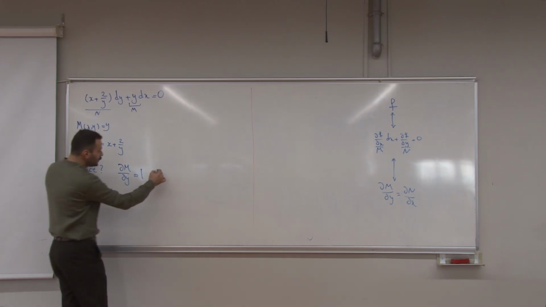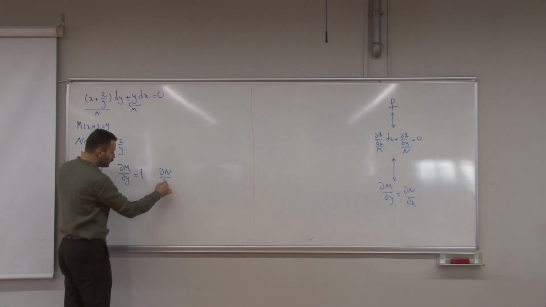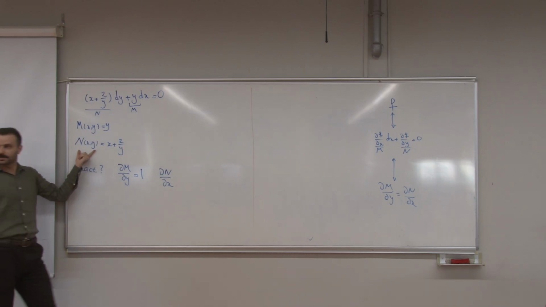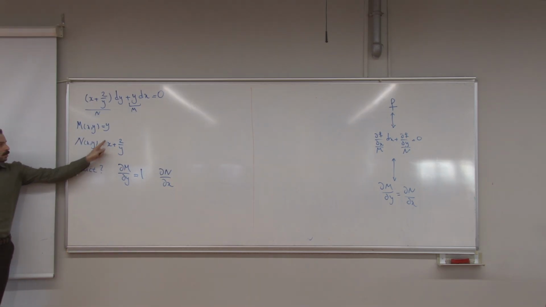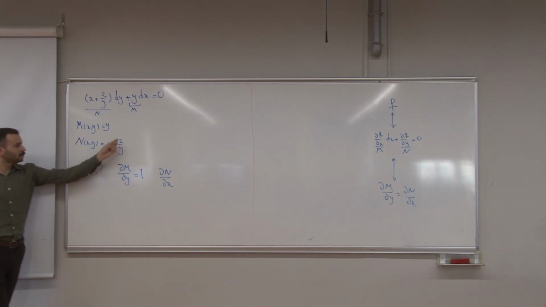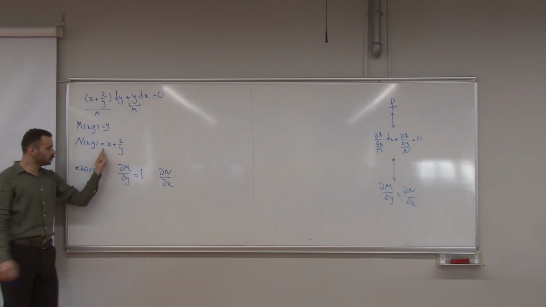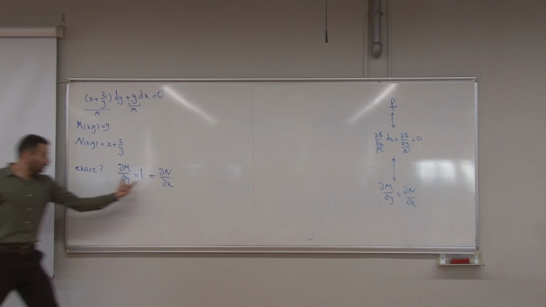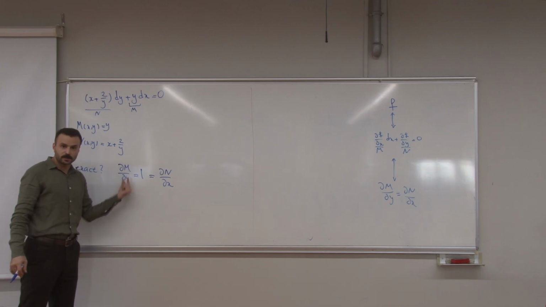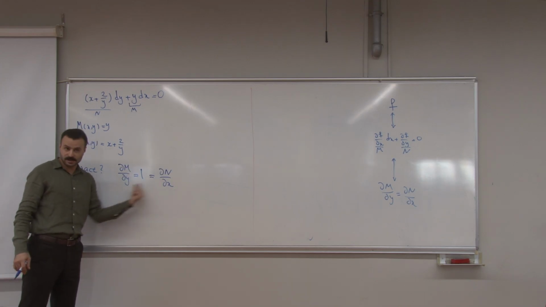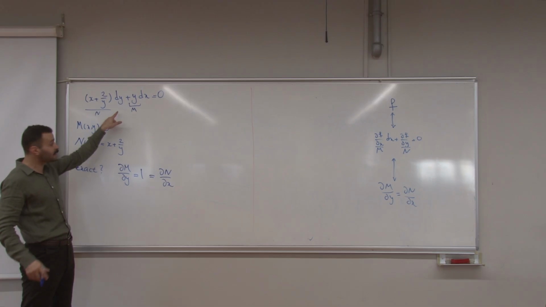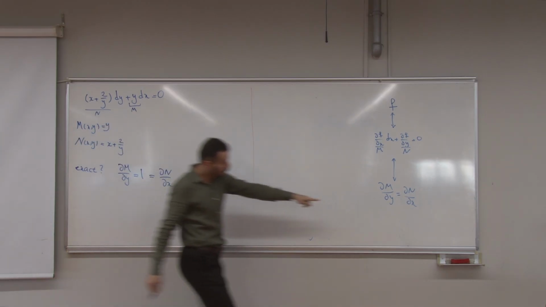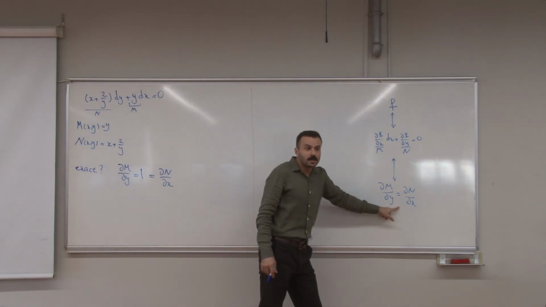What about the partial derivative of N with respect to x? From this x we have 1 and we do not have x's here, so it is 0. So this is also equal to 1. Since this is equal, ∂M/∂y and ∂N/∂x are equal, we know that this equation is exact. Okay? This condition is satisfied.